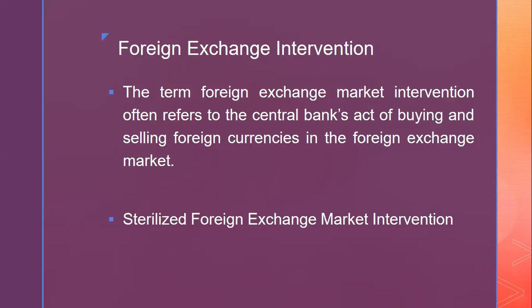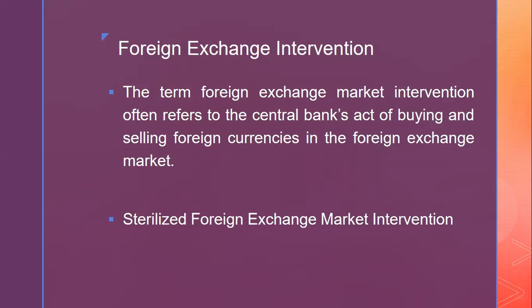So let's suppose that the central bank wants to buy foreign currencies. When they purchase the foreign currencies from you, you are the general public, I am the central bank. Now I am purchasing the foreign currencies from you. To purchase, I am paying you the domestic currency. So when the central bank purchases the foreign currency, ultimately it will increase the domestic currency supply, right?